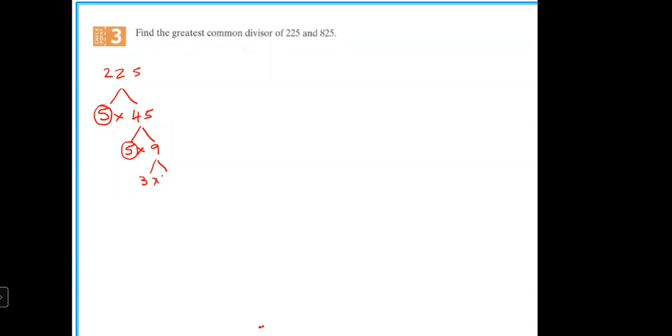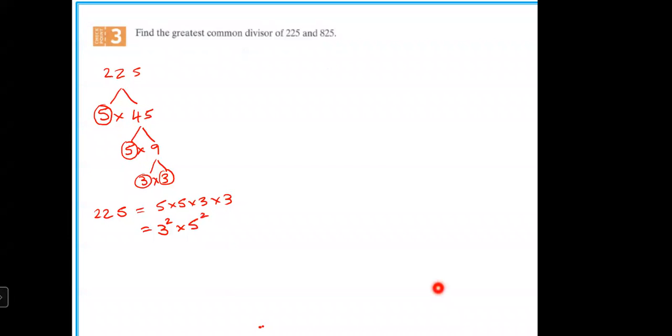So that's the end of that. So 225 is equal to 5 times 5 times 3 times 3, which would be equal to 3 to the second times 5 to the second.